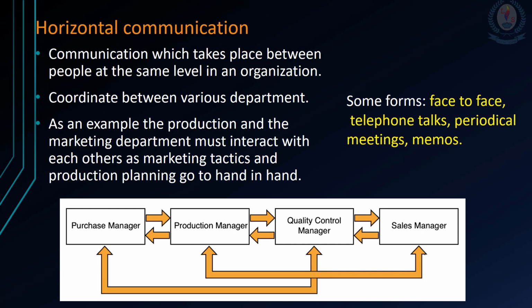So horizontal communication means different departments but the same level or same position. Some forms of horizontal communication are face-to-face, telephone talks, periodical meetings and memos. What we have to learn here is that horizontal communication means communication at the same level or same position. Okay, right.